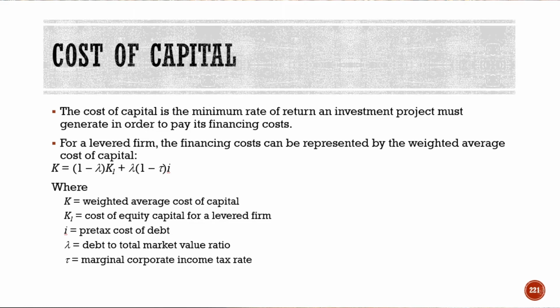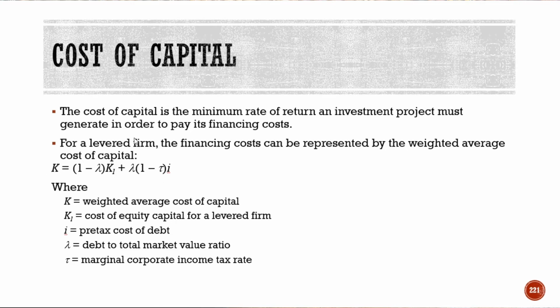For a leveraged firm, the financing cost can be represented by the weighted cost of capital. That means that they have raised funds through equity, debt, and maybe issuing a bond. Sometimes preferred stock is an alternative as well.